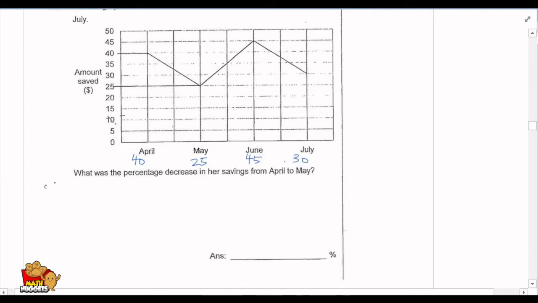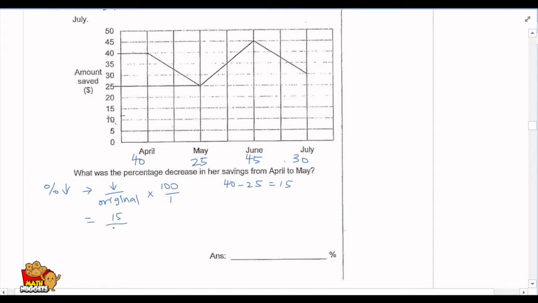Now, the question wants us to find percentage decrease. In order to find that, we will take the decrease out of the original and times 100. So in this case, the decrease from April to May is 40 minus 25, which is 15. So the decrease is 15.